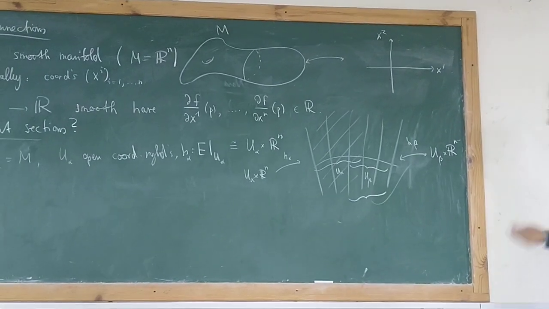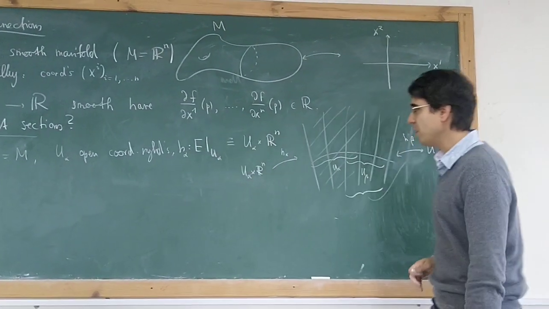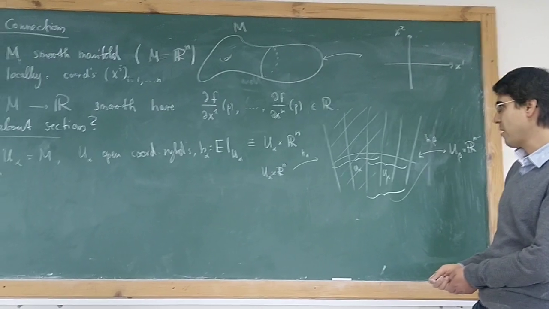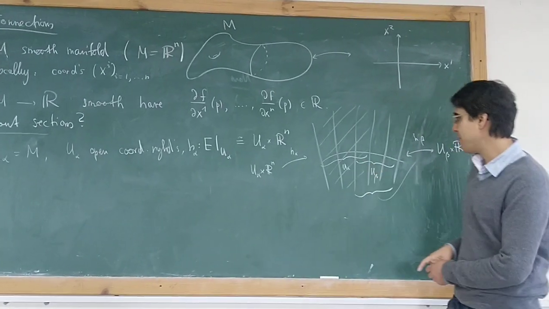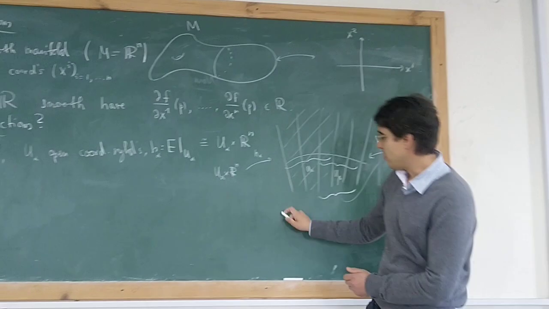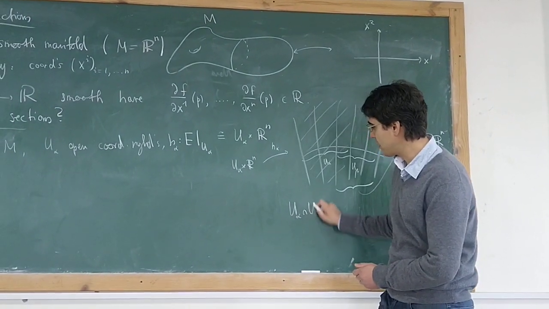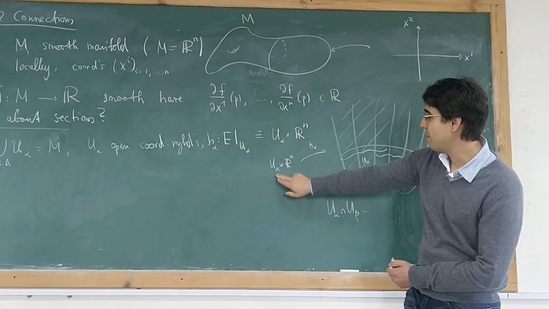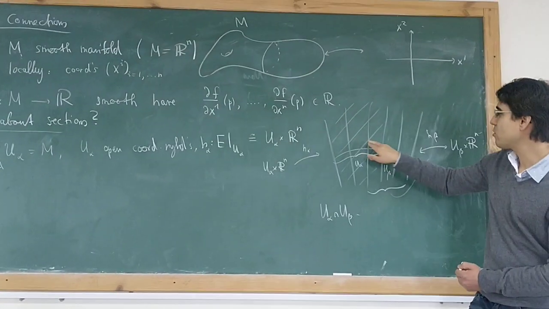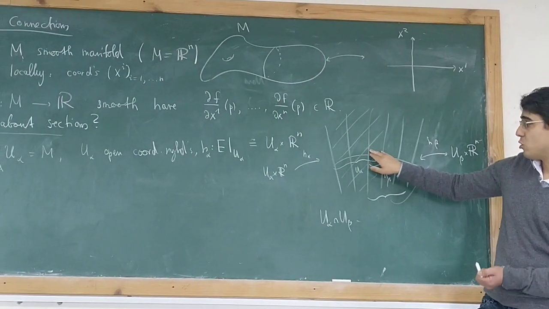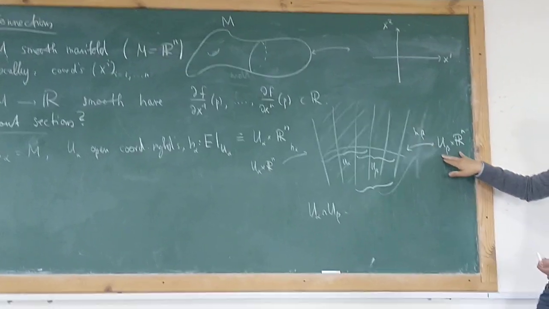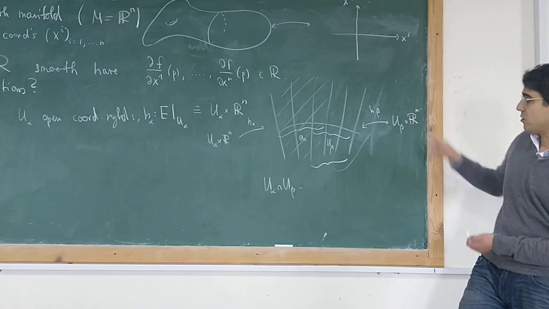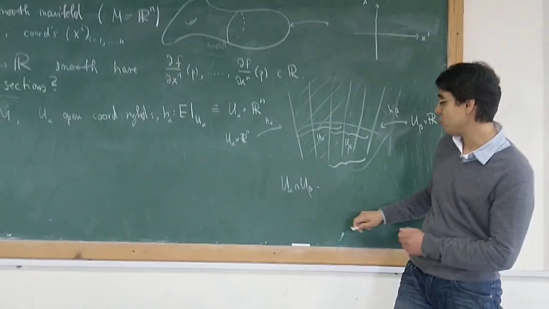There's not one way just to make a vector bundle trivial, but we can always choose ways, right? And on the overlap, U alpha intersect U beta, we can go from U alpha cross Rn into the vector bundle, and then we can use H beta to go over here again, to go from U alpha cross Rn to U beta cross Rn over the intersection.